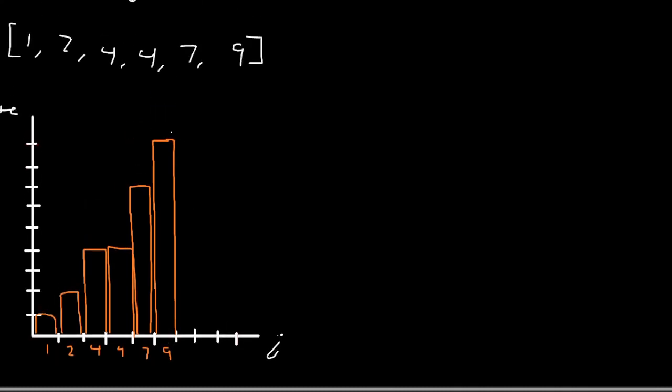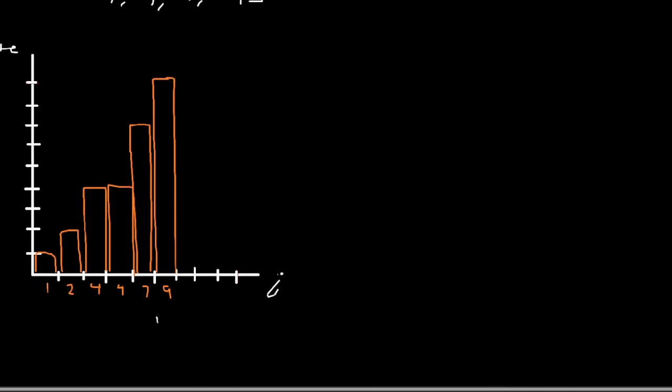If we start searching from here, we'll see that there is one paper. I'm going to write in this notation: number of papers, number of citations. So right here we have one paper with 9 citations.